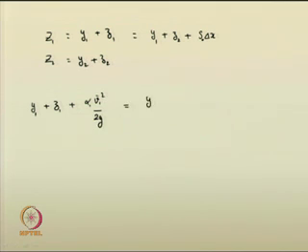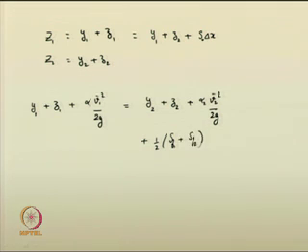This is nothing but y2 plus z2 plus alpha 2 V2 squared by 2g, then the friction loss, half into SF1 plus SF2 into del x, plus eddy loss.